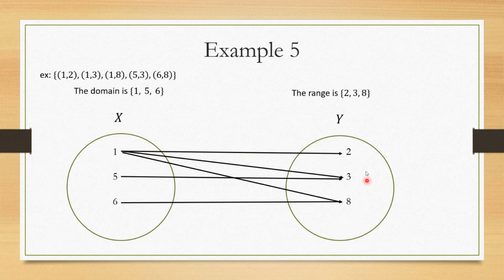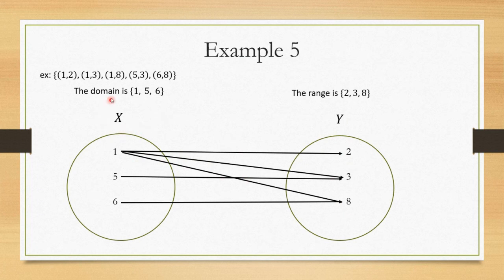For a relation, you don't necessarily need to have the 1 correspond to only one element. For a relation, you can do whatever you want, essentially. Does that help? Yeah, it does. All right, good question.